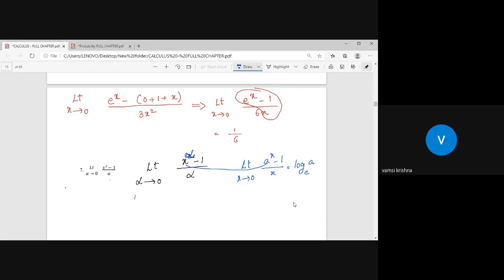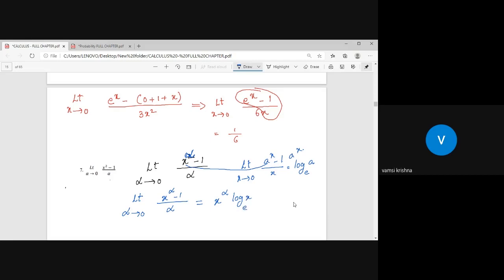So, I will try to write the question one more time. Limit alpha tends to 0, x power alpha minus 1 by alpha is equals to, just like a power x log a, here what I should write? x power alpha into logarithm of x to the base e.